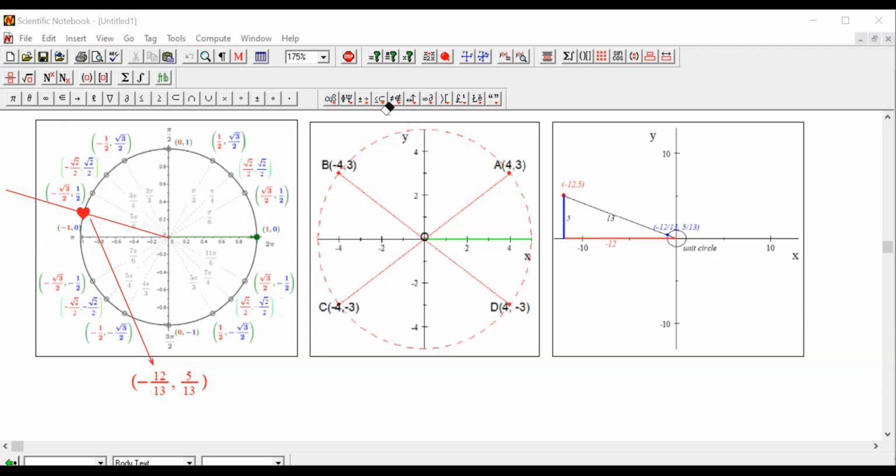Oh, can I make it larger? No, it doesn't let me do that. Okay, last attempt. I'm going to draw that unit circle.